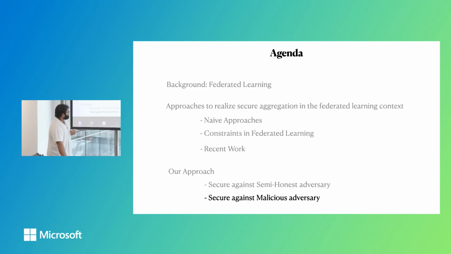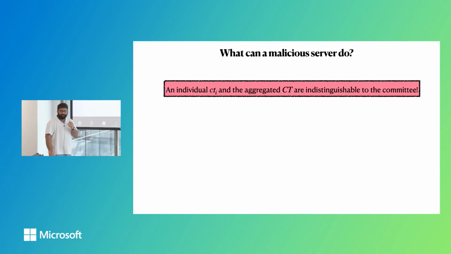The next thing we're going to talk about is a malicious server, right? So let's first see what a malicious server can do. The first observation is that the committee does not really see the ciphertext. How can it distinguish between an individual ciphertext and an aggregated ciphertext?